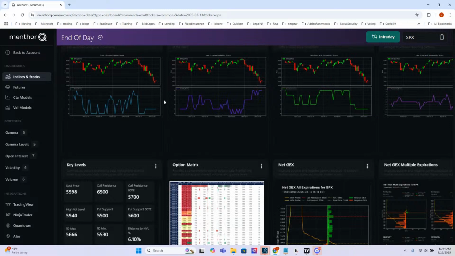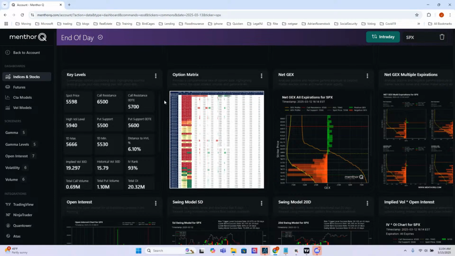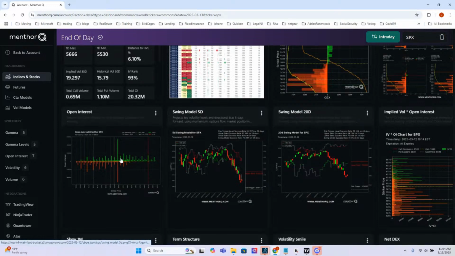What I have used really are some of the key things here, which have been around for a little bit, which are these key levels, this option matrix, the net GEX, overall net GEX, multiple expirations, and some of these other things, open interest, swing model, implied vol.